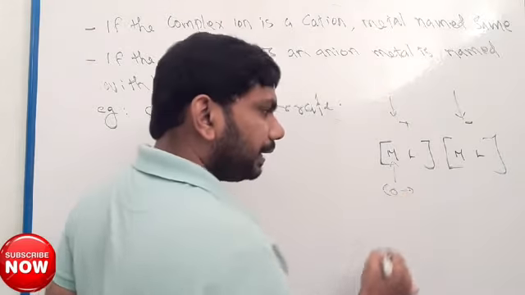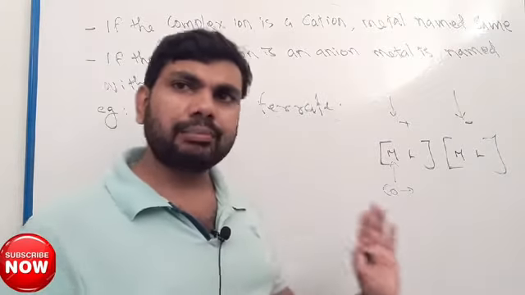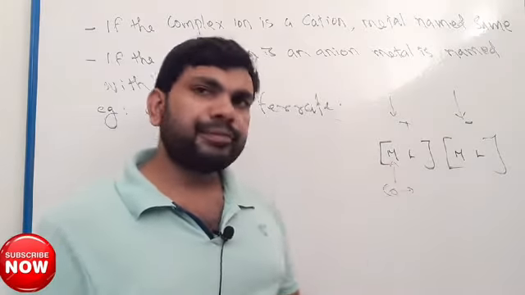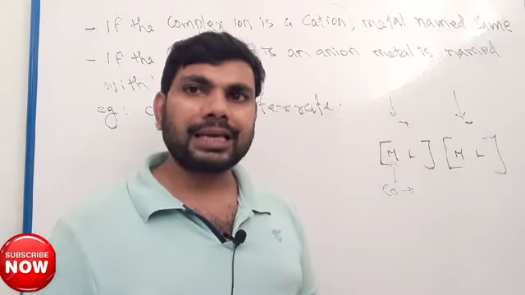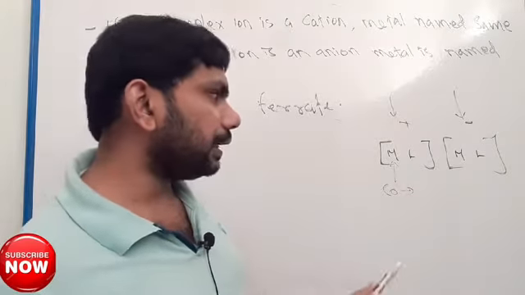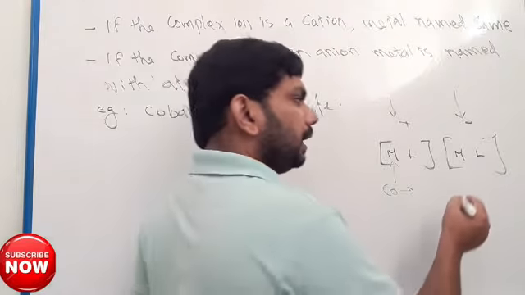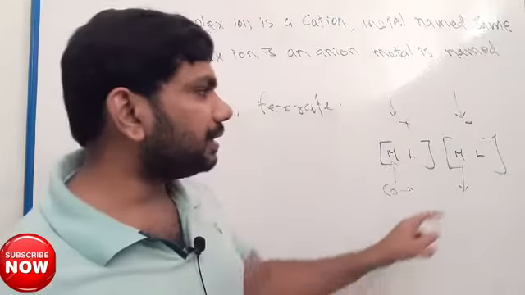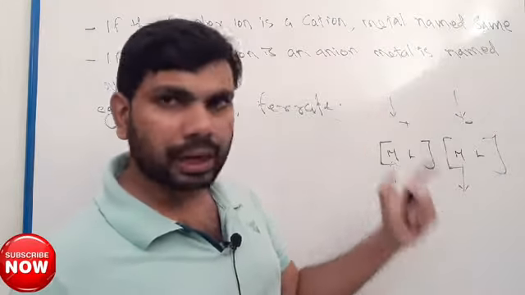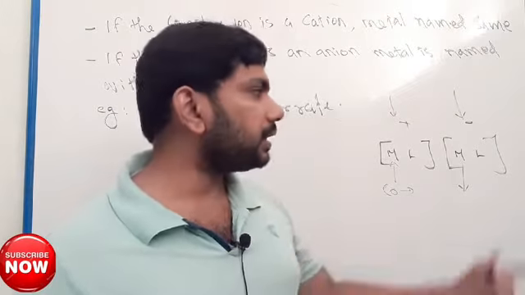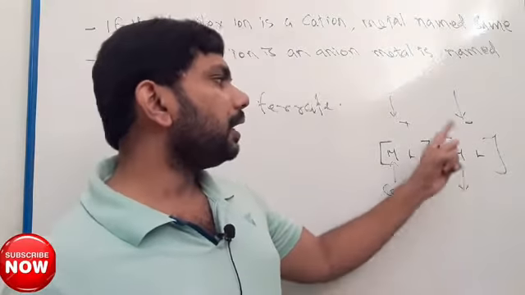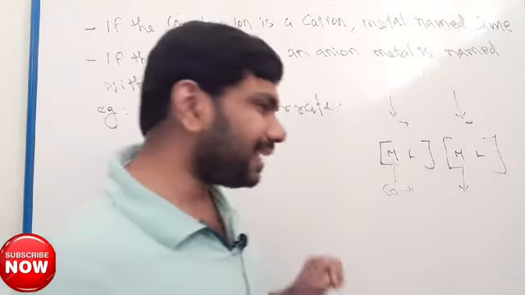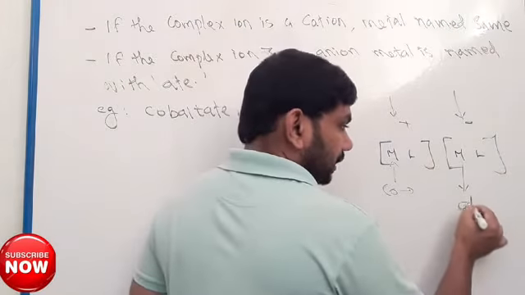So we will name this metal cobalt, or nickel, or platinum. We name accordingly. But the central metal atom in the negatively charged part, the complex ion with negative charge, the name of this metal ends with -ate.